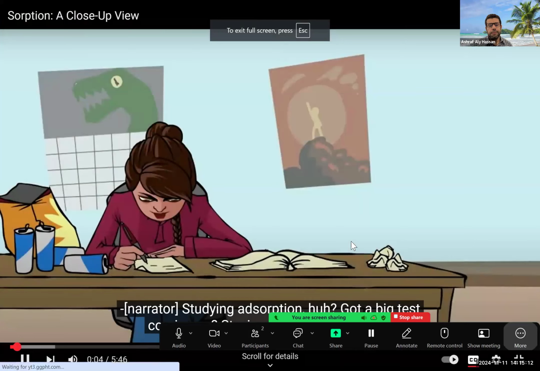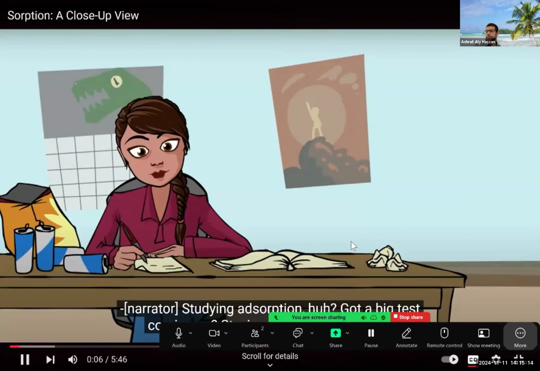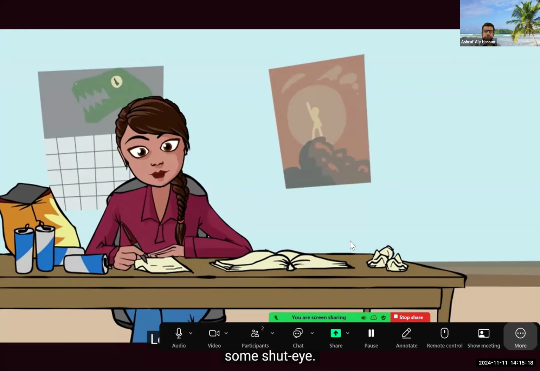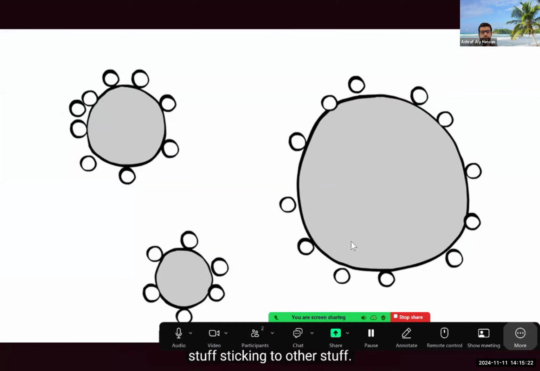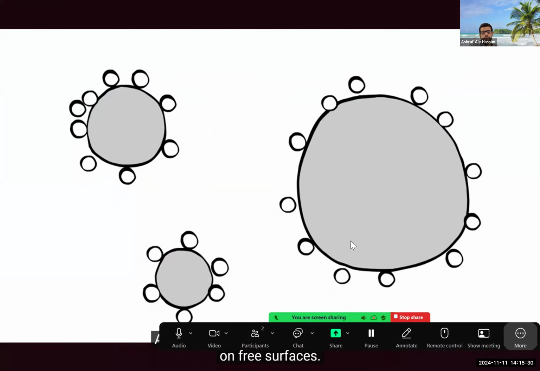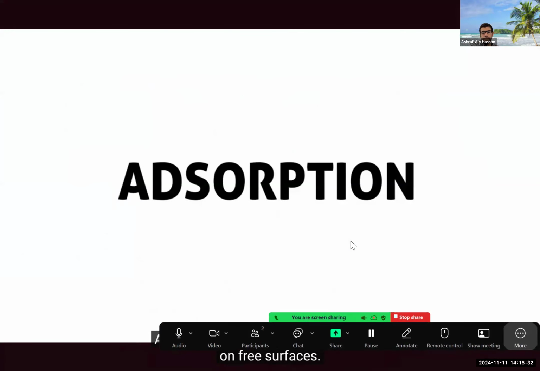Studying adsorption, huh? Got a big test coming up? Staying up all night studying? Let's see how we can make sure you get some shut-eye. At first, adsorption looks like it's just stuff sticking to other stuff. But if you take a closer look, you'll see that there's more to adsorption than that. Adsorption is the adhesion of particles on free surfaces.